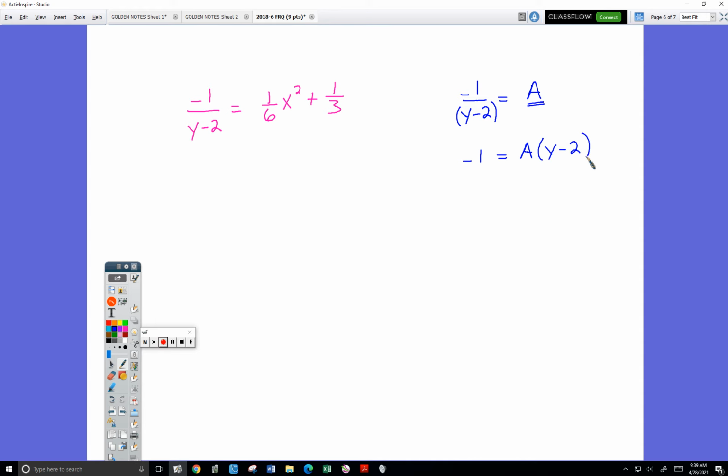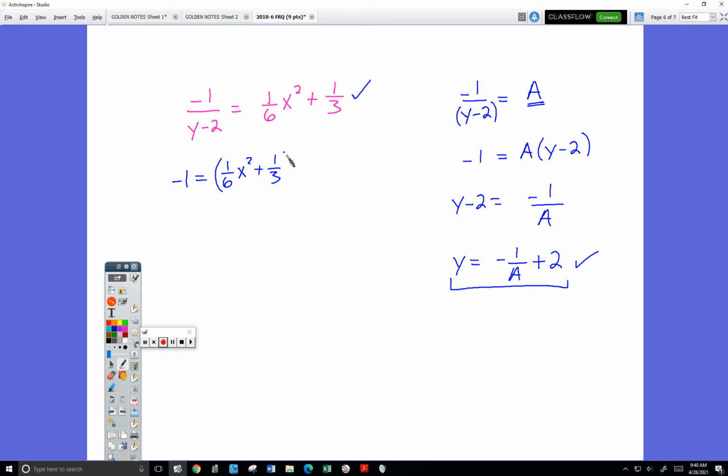And then I would divide both sides by a. So I would end up with y subtract 2 is equal to negative 1 divided by a. Then I add 2 to both sides. So y would equal negative 1 over a plus 2. That means I just need to do this to this. So negative 1 is going to equal 1/6 x squared plus 1/3 all multiplied by y subtract 2.